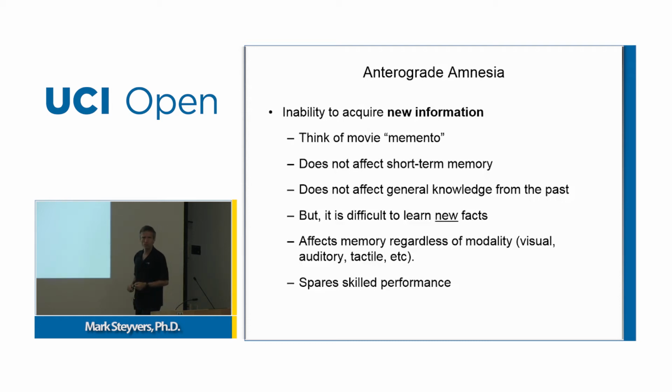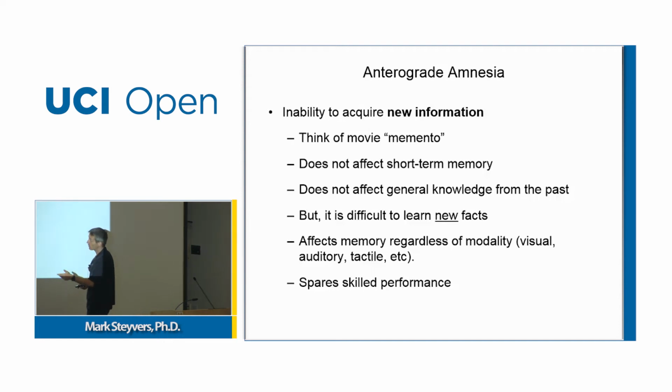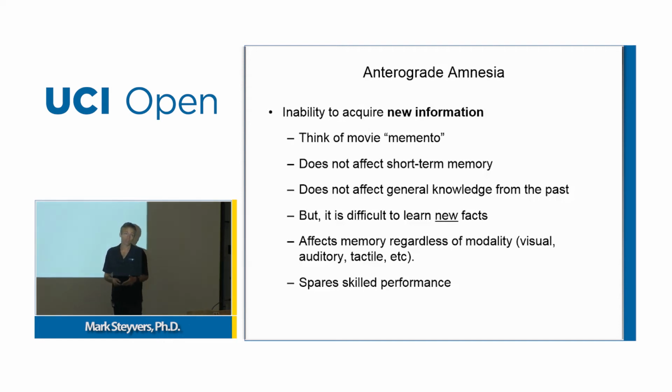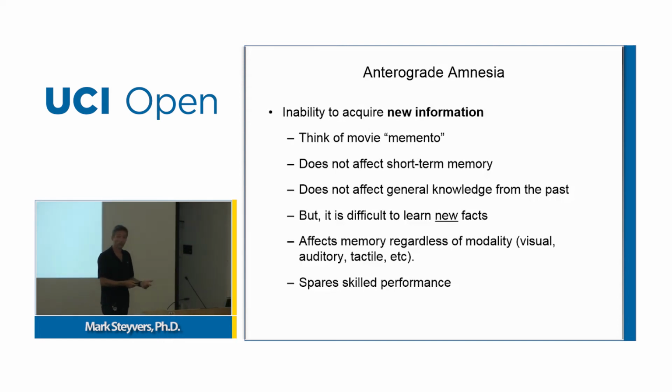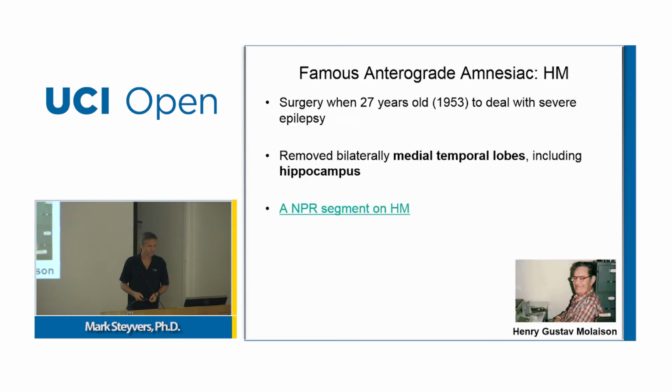It doesn't seem to matter what modality is being tested. All modalities are affected. And it spares skill performance. So these people can learn new skills, can learn to play an instrument, but they might not remember explicitly that they have learned to play that instrument, which can lead to very bizarre circumstances.